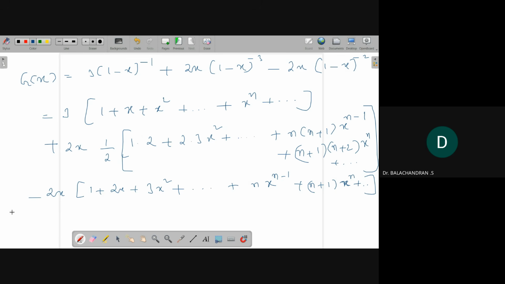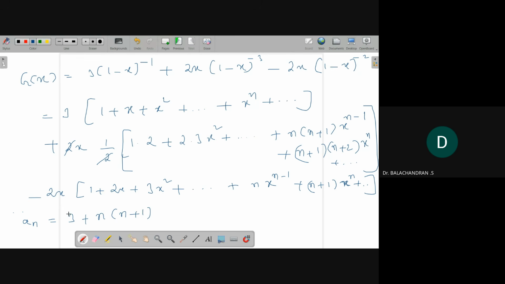Now compare the coefficient of x power n on both sides. We'll get an equal to 3 into 1, okay, plus 2 gets cancelled. Here x power n minus 1 means x power n plus n into n plus 1. That is the coefficient of x power n.